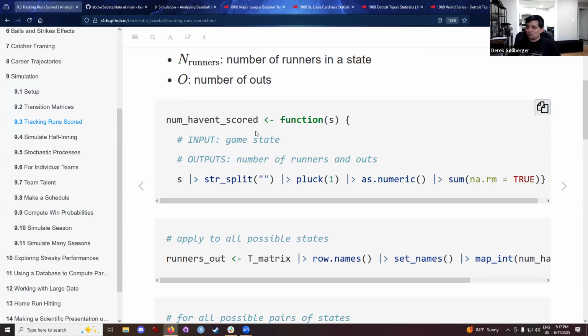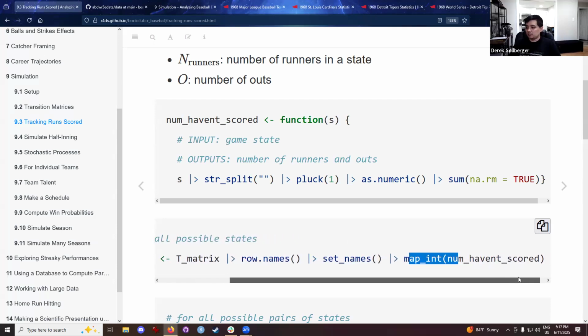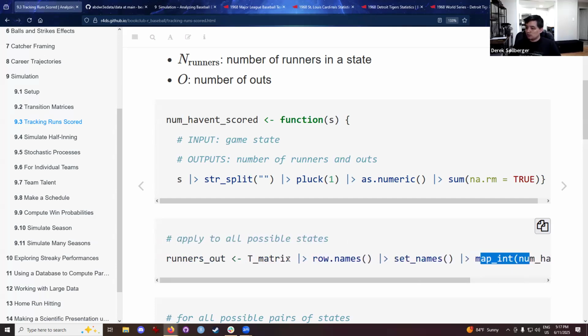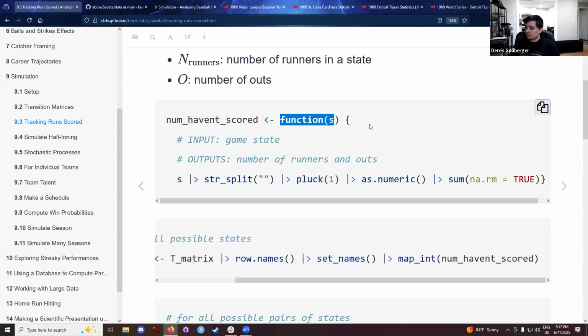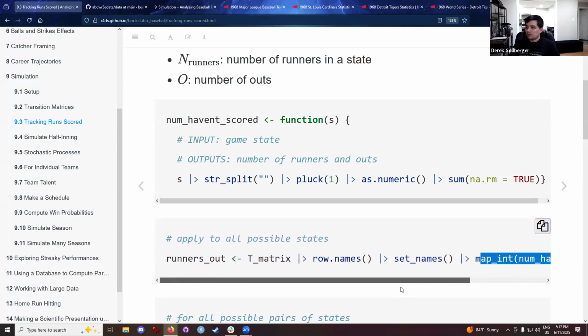But what the textbook authors did very well in this chapter is to build a helper function and then immediately apply it in a map function, in the functional programming that you could do in the R programming language. So from the transition matrix, which was 24 rows, 25 columns, I think that's 600 entries, we apply this function 600 times to get a sense of how many runs have not scored.